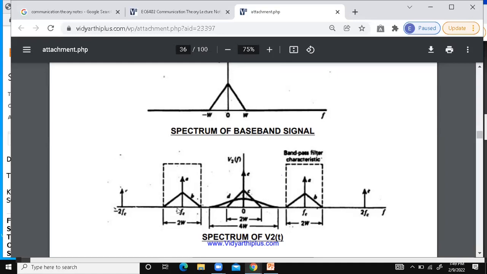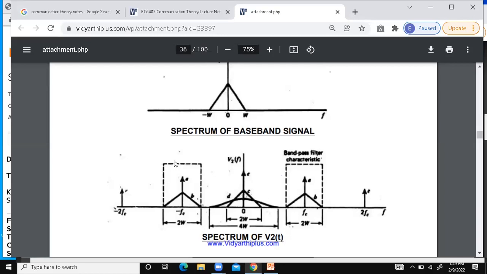Well, this is giving you the entire story. So this is your information signal. This is your carrier signal. All right.